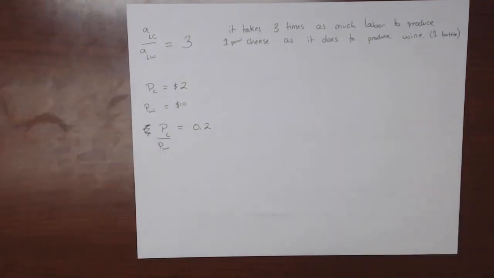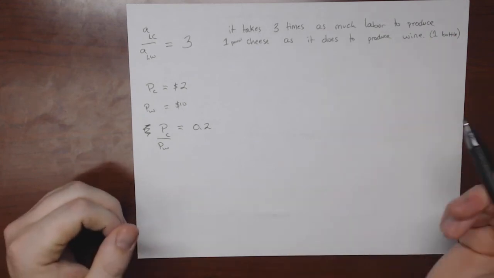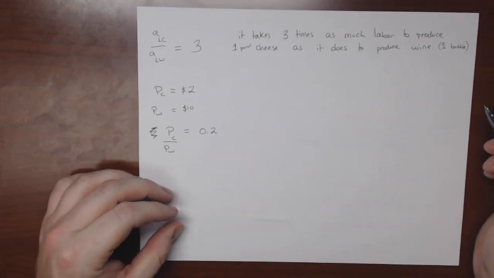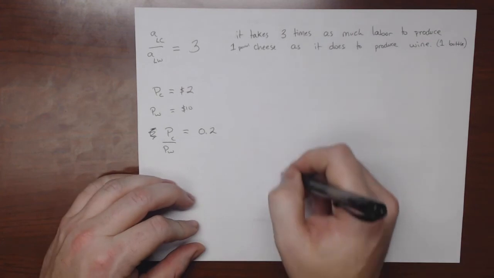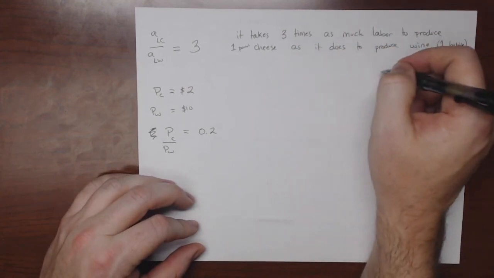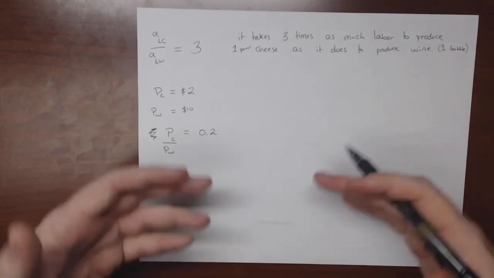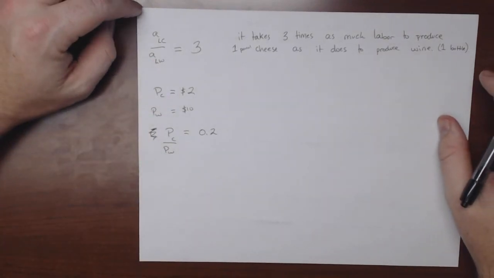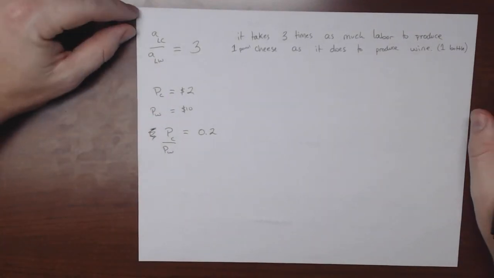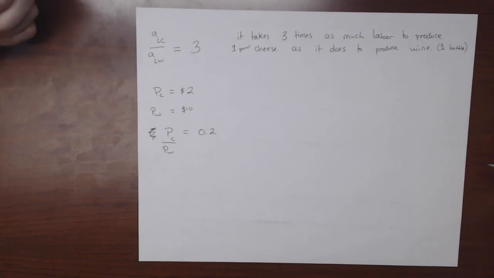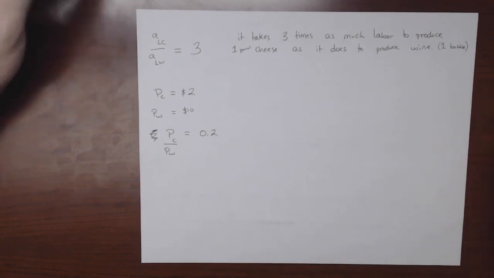Okay, so now we have an interesting puzzle, because we don't have production schedules for other countries, right? Before, I would give you 2 countries, US and let's say China, right? We'd have wine and cheese, and we could figure out a production possibilities frontier from there. We could find opportunity costs, and we could determine who had the comparative advantage. But now we don't have that.